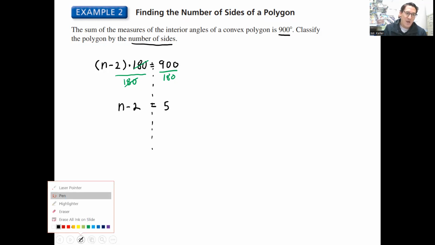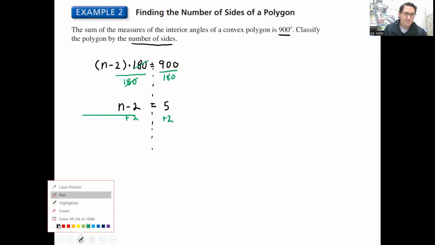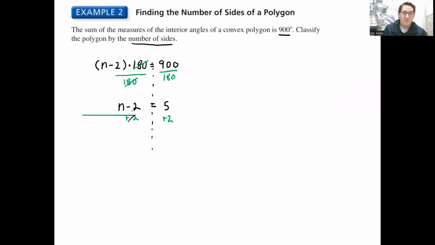And then I'm going to add 2 to both sides. So the minus 2 plus 2 cancels out, and I get n is equal to 7. So on this one, our polygon has 7 sides. That's all there is to that one.